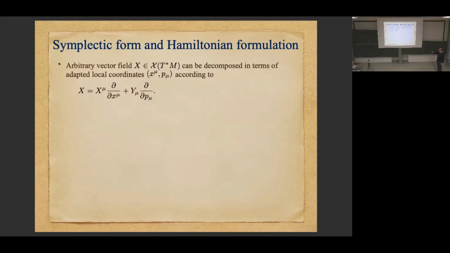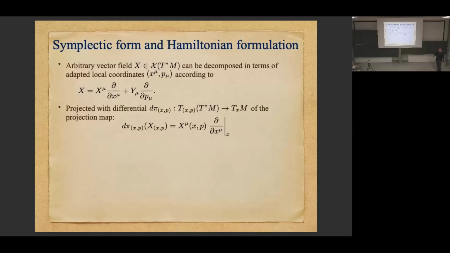All right, so now you can take an arbitrary vector field on the cotangent bundle, and you can decompose it into the coordinate basis. The differential of the projection map, you can use it to project this vector field down to a vector on the manifold. It will just kill these p components here.